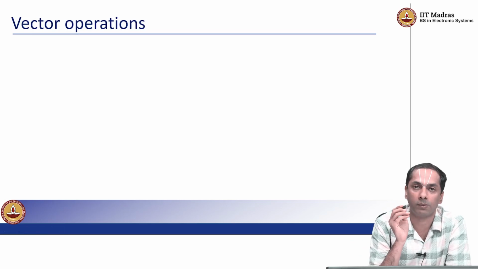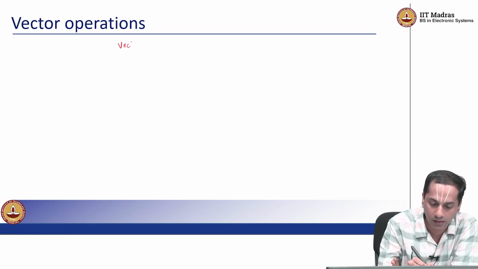So the second kind of multiplication you can do is the vector or the cross product.